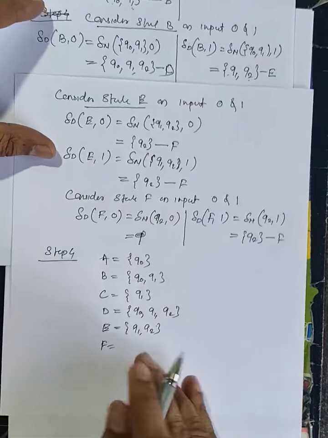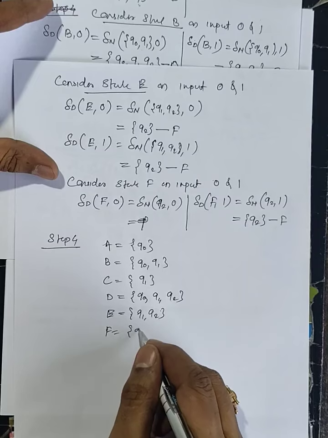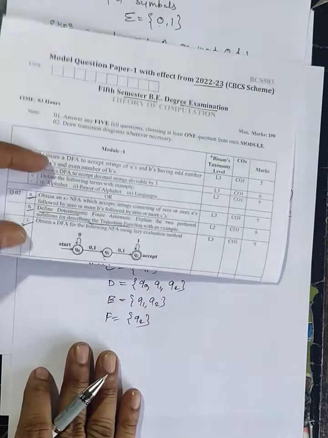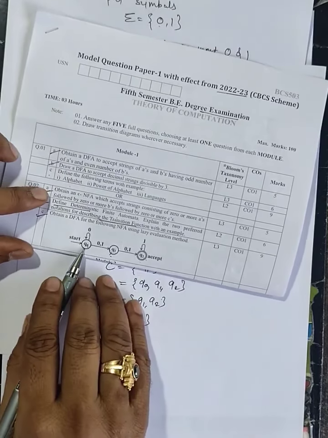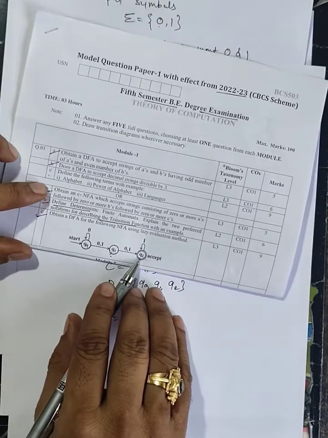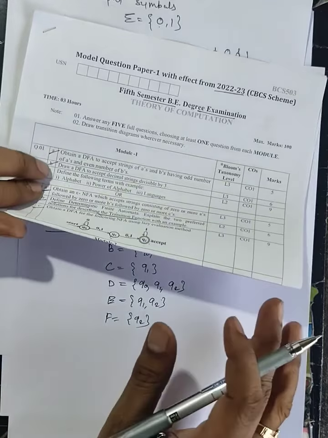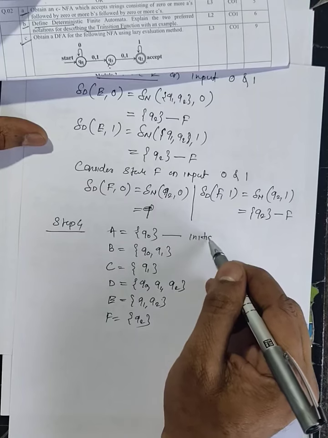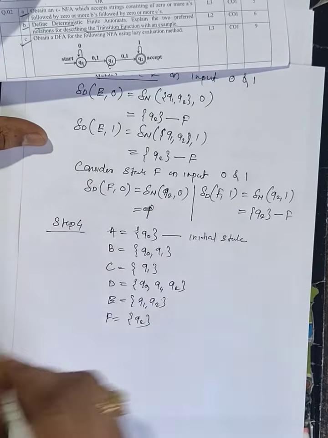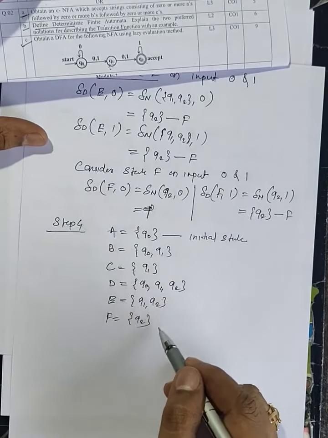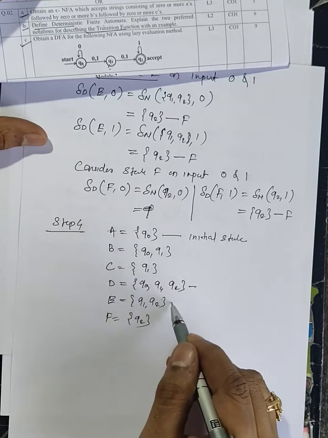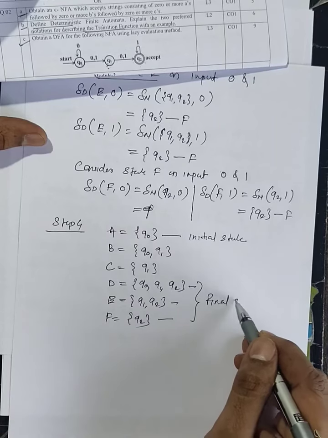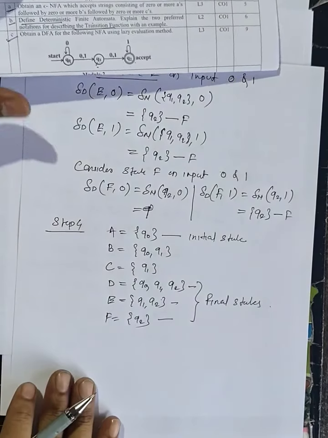Then F equals only Q2. Within the given NFA, Q0 is the initial state and Q2 is the final state. In any DFA, the initial state is only one and there are one or more final states. If Q2 is there, this is a final state. These three are final states.